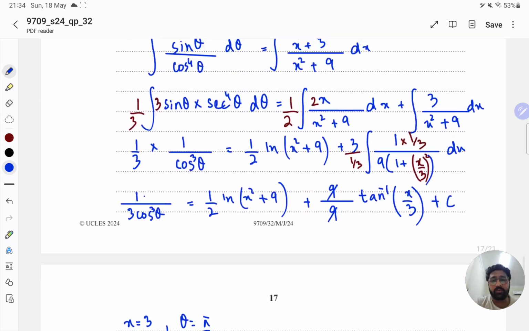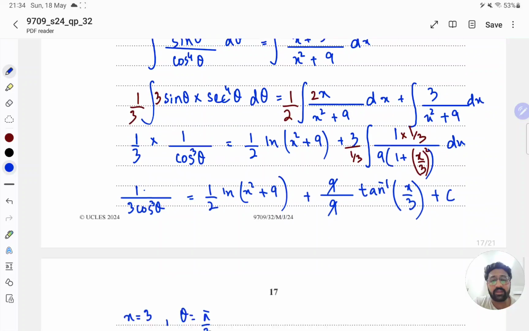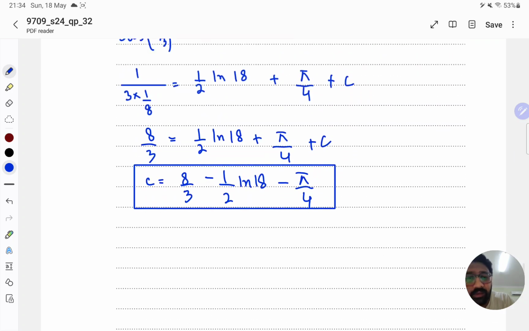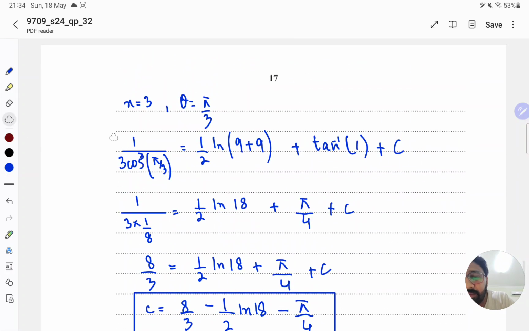Now we were supposed to find the value of cos theta when x is 0. So we just need to substitute the value of x as 0. Let me write this equation first. Let me substitute the c first.